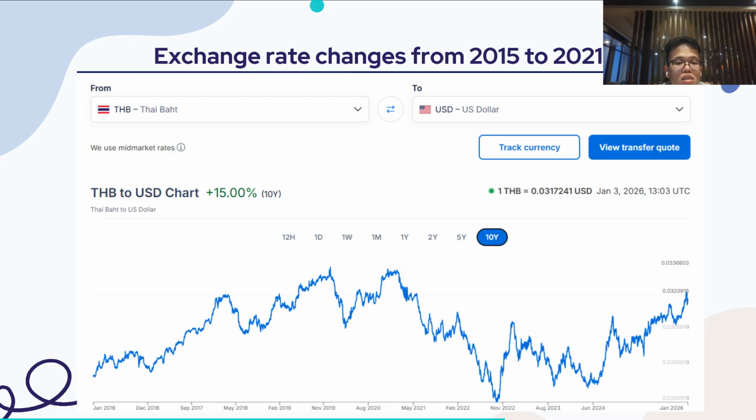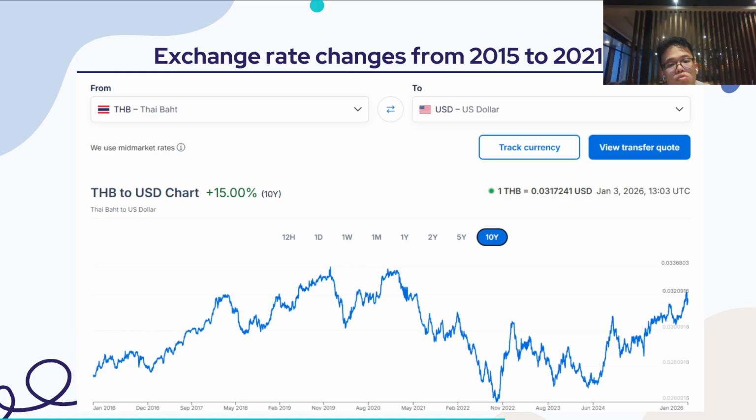At the beginning of 2016, the exchange rate was at a relatively low level, about 0.028. In the following four years, there was also a periodic pullback in the exchange rate, but the general direction was upward.